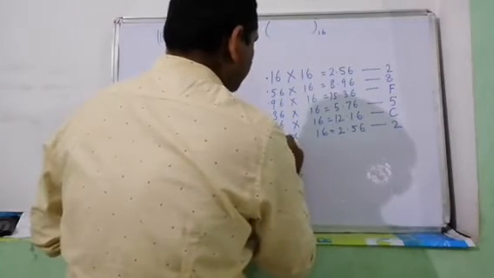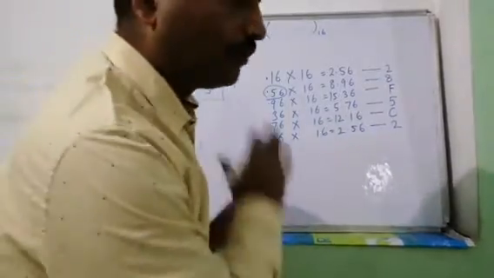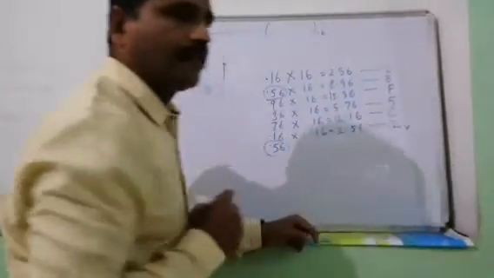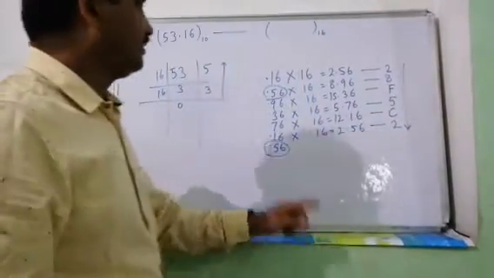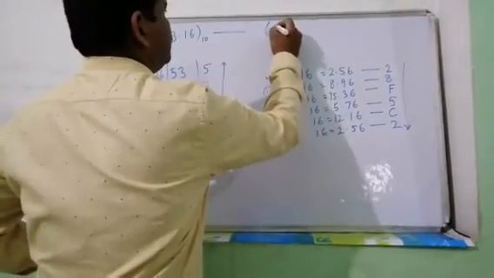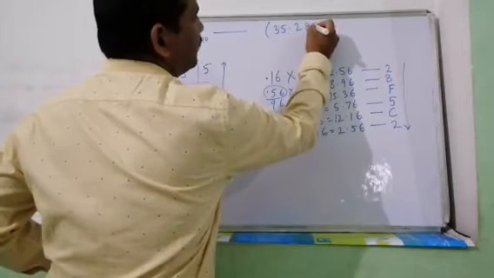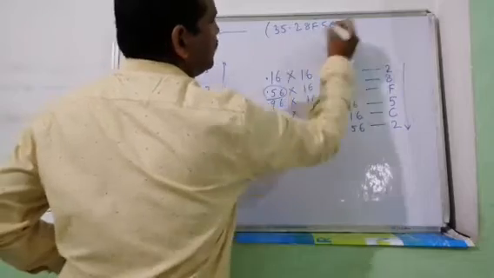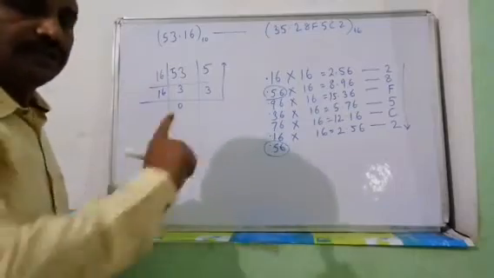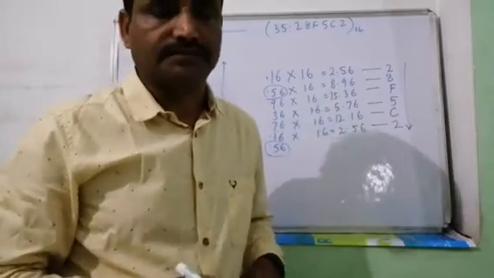So 0.56 is repeating, so we have to stop the conversion. So this is the number from LSB to MSB, and this is the integer part. So it will be 35.28F5C2 in hexadecimal. So this is the process to convert a decimal number system to a hexadecimal number system.